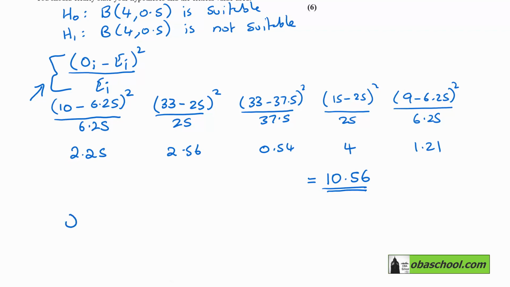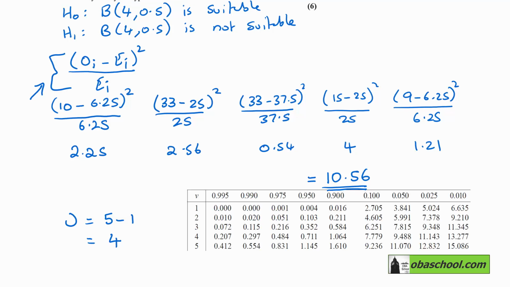So the degrees of freedom here, because we had the 5 columns, is 5 take away 1, which gives us 4. And we need to identify the critical value. Now we had 4 degrees of freedom, so we're looking across here, and we want the 5% value, and that is going to be 9.488.